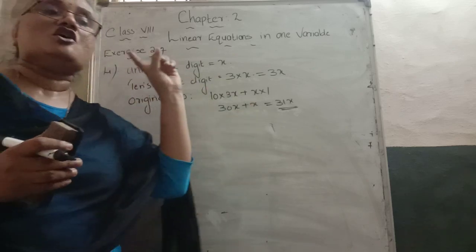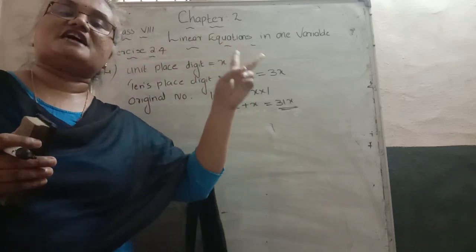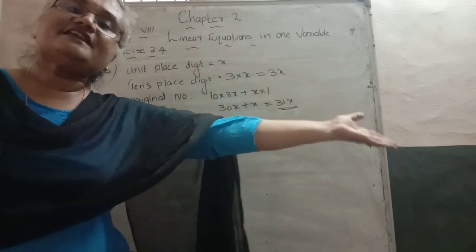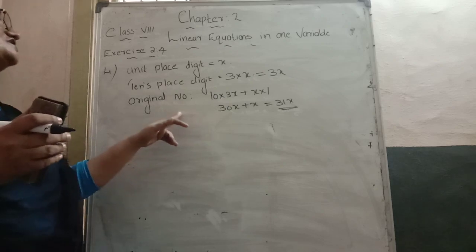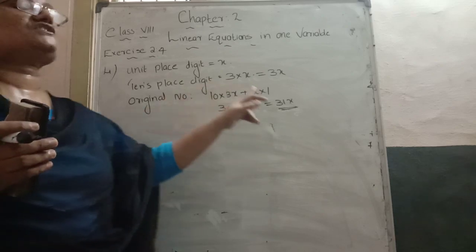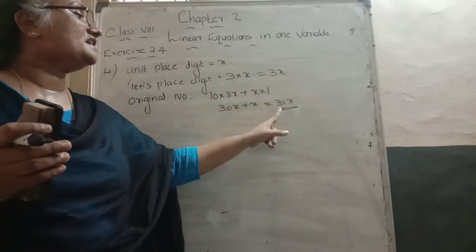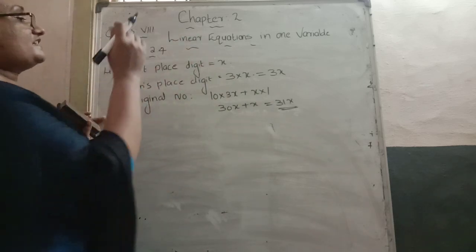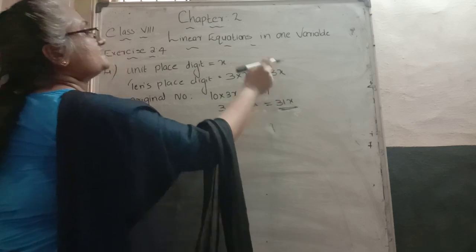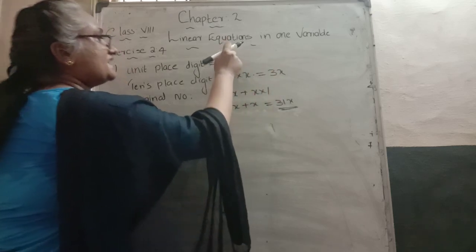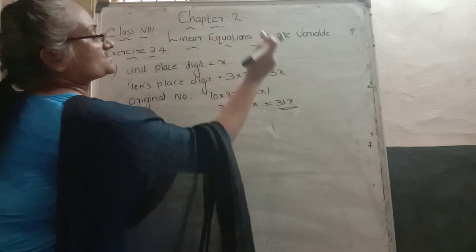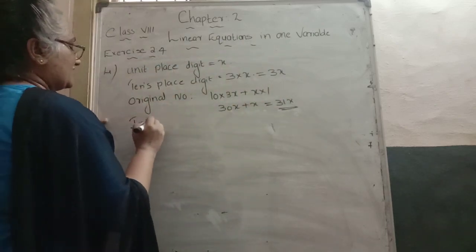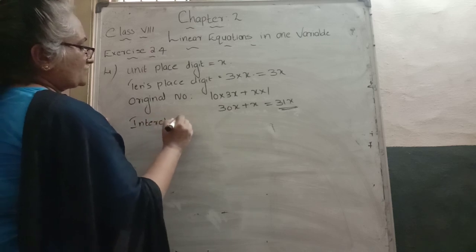In this way they gave that one of the digits of a 2-digit number is 3 times the other. Then we found the original number as 31x. Then here also the digits are interchanged. That means the tens place digit is sent to the unit place and the unit place digit is sent to the tens place.